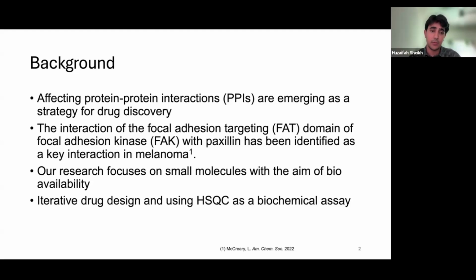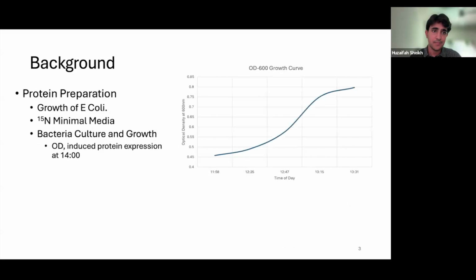So the goal of the research was to improve iterative drug design and using HSQC as a biochemical assay to analyze small molecules. So in order to start the project, we worked on creating focal adhesion kinase, specifically the focal adhesion targeting domain.